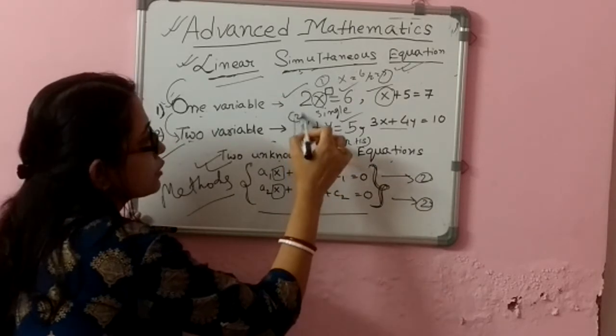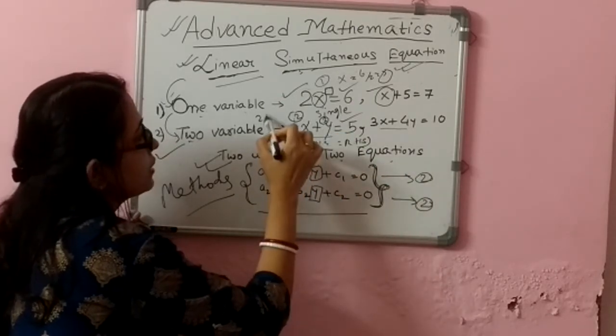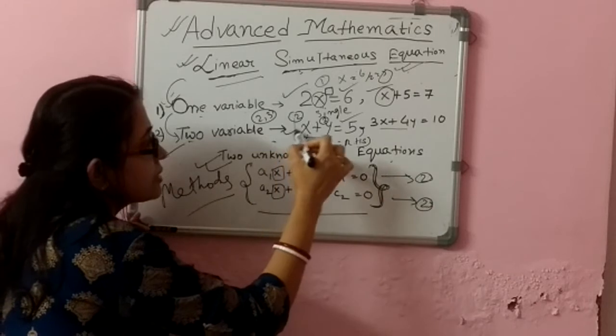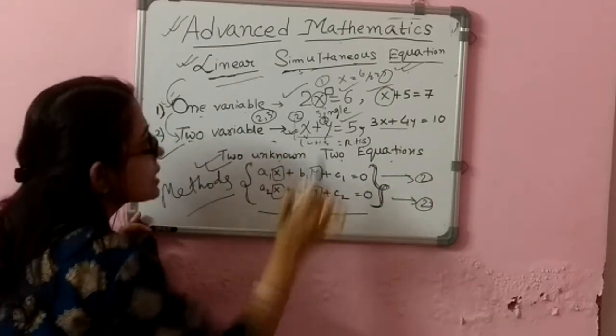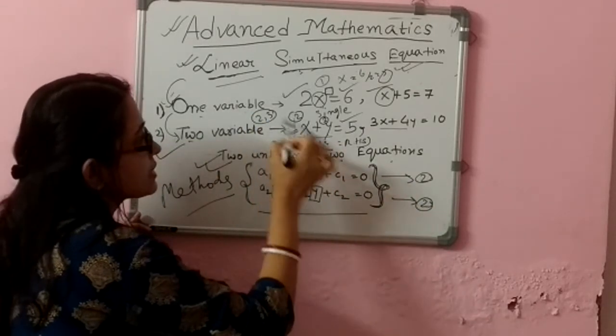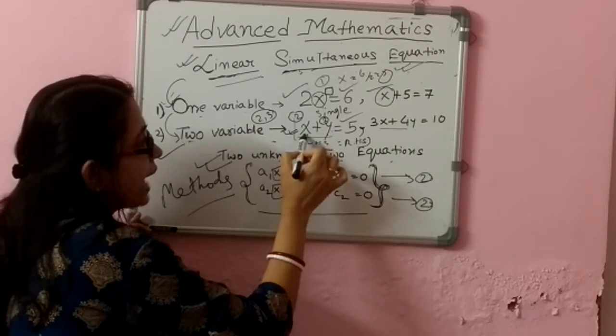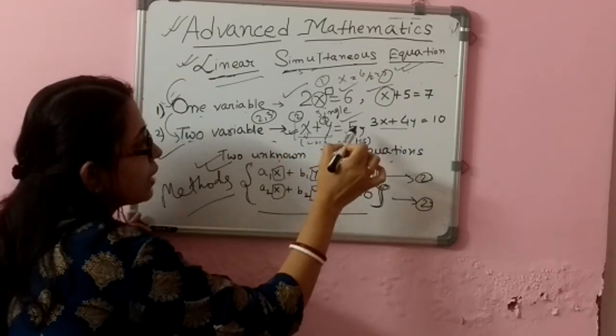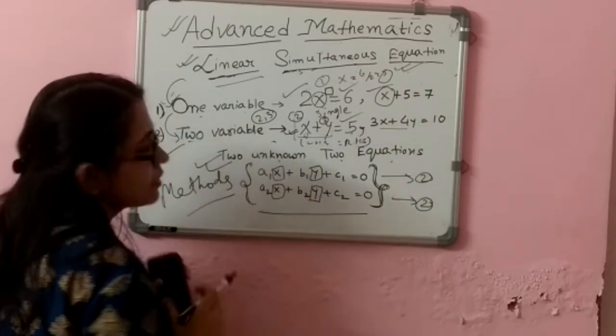Suppose we put x equal to 2 and y equal to 3, then 2 and 3 will be a solution of this two variable linear equation, because after putting 2 for x and 3 for y and adding them, it will be equal to 5, which is the right hand side.